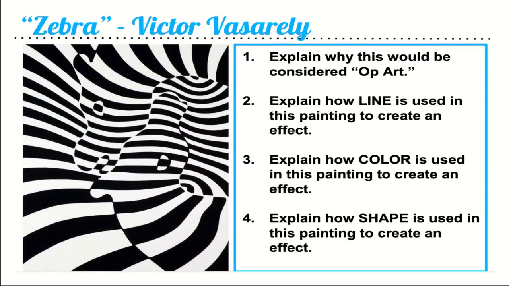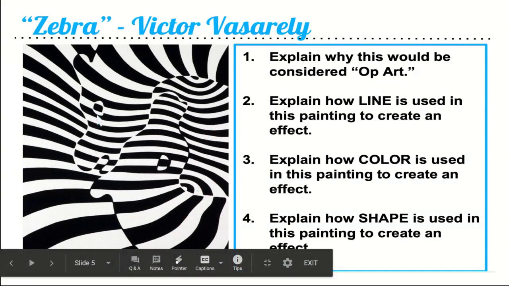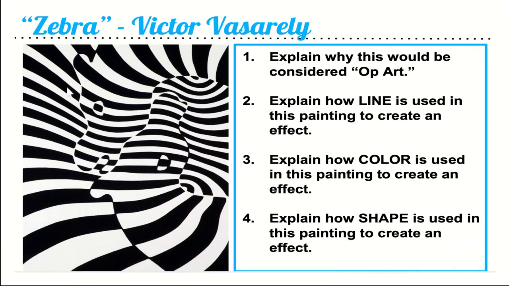The next artist who uses a lot of illusion is Victor Vasarely, and you can see his piece entitled Zebra. When you look at it, he's got the outline of the two zebra heads. And as you're looking at the stripes, you'll notice it goes black to white to black to white, so it follows that same opposite.